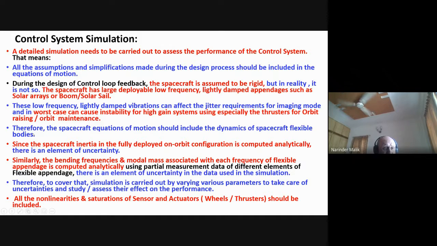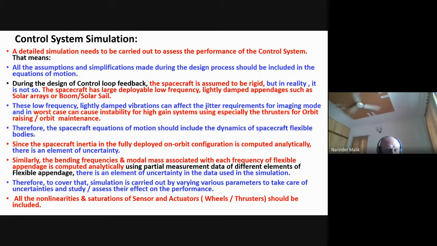Another important factor is the spacecraft inertia. The spacecraft inertia with the deployed array cannot be tested or measured. What is done is to treat the spacecraft as a box, and whatever is in the box, you can measure the inertia in that condition. Now, when the spacecraft array is deployed, you have to compute the initial spacecraft deployed configuration.